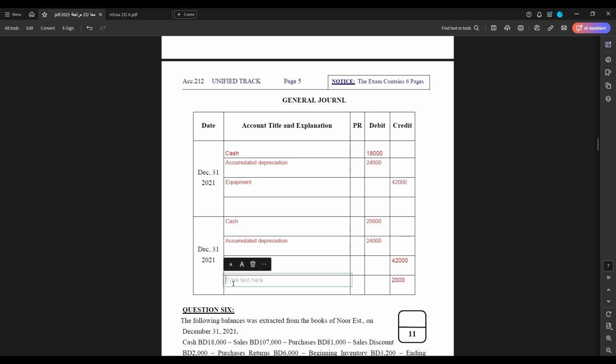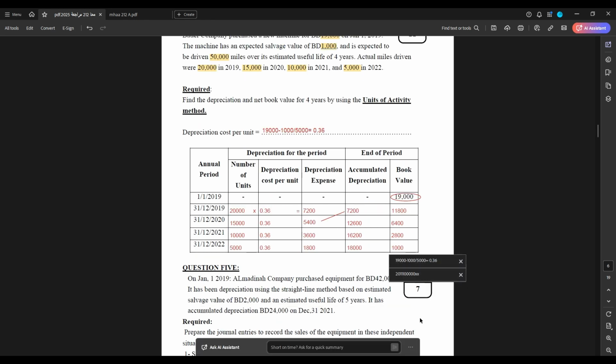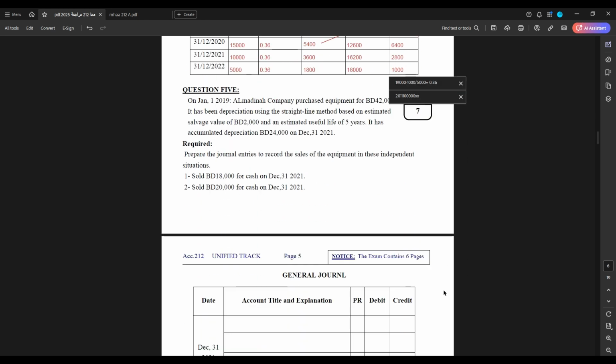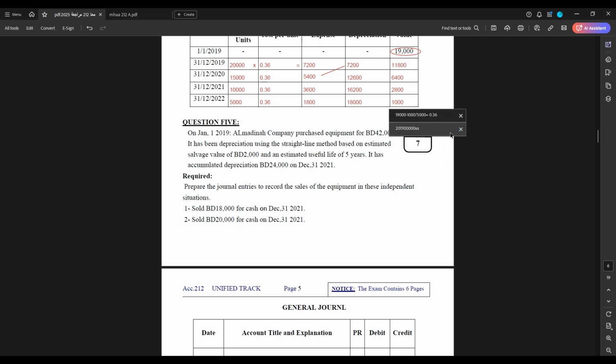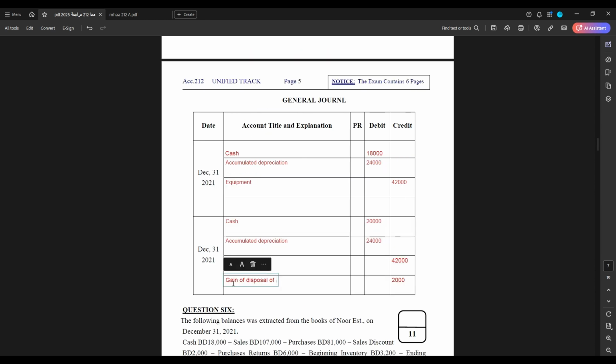So credit gain on disposal. Now moving to question 5. Question 5, on January 1st, 2019, Al-Madina Company purchased equipment for 42,000.